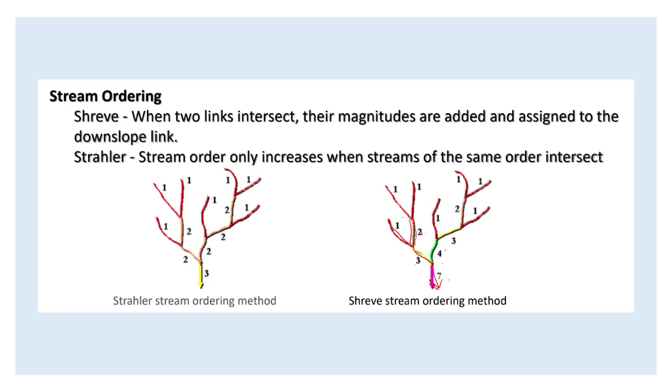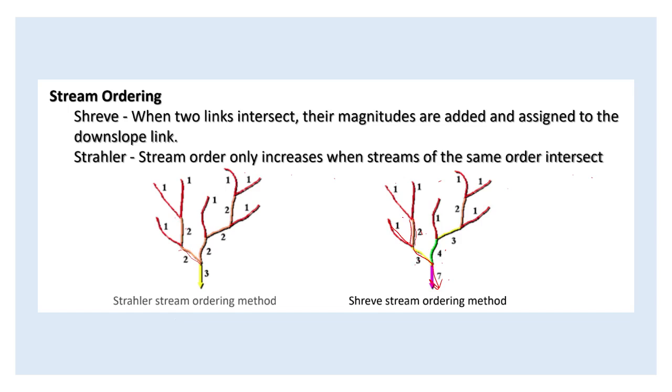The Shreve order is pretty simple and also very popularly used. But in the second one, the Strahler method, stream order only increases when streams of the same order intersect. For example, if 1 and 2 come together, then only the highest order is given to it. But if 1 and 1 join, same order streams, then it gets the next higher number, that is 2.